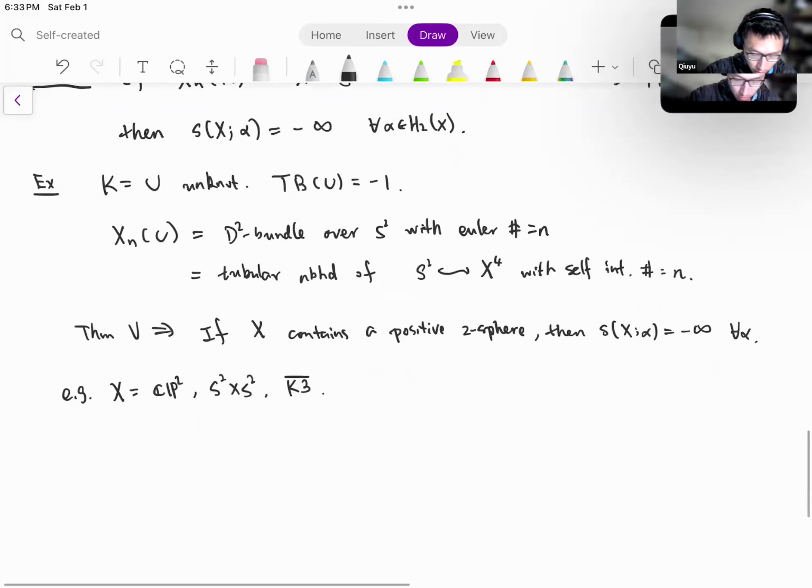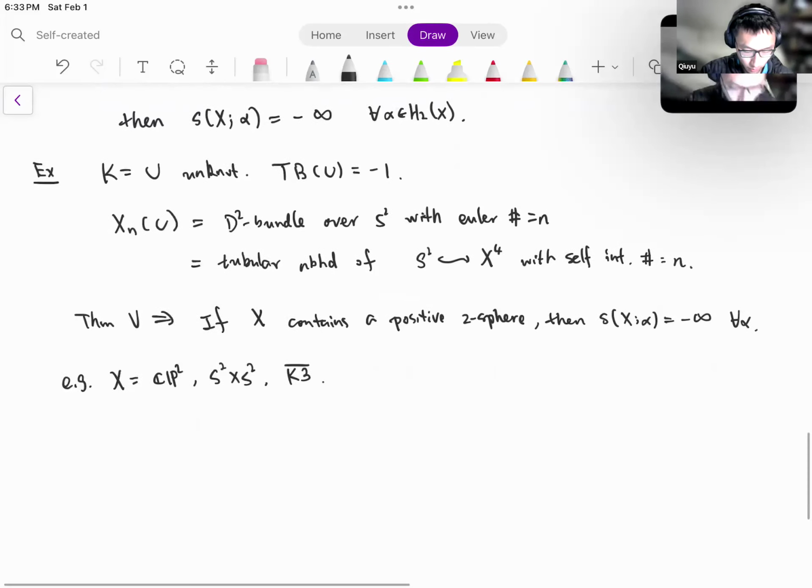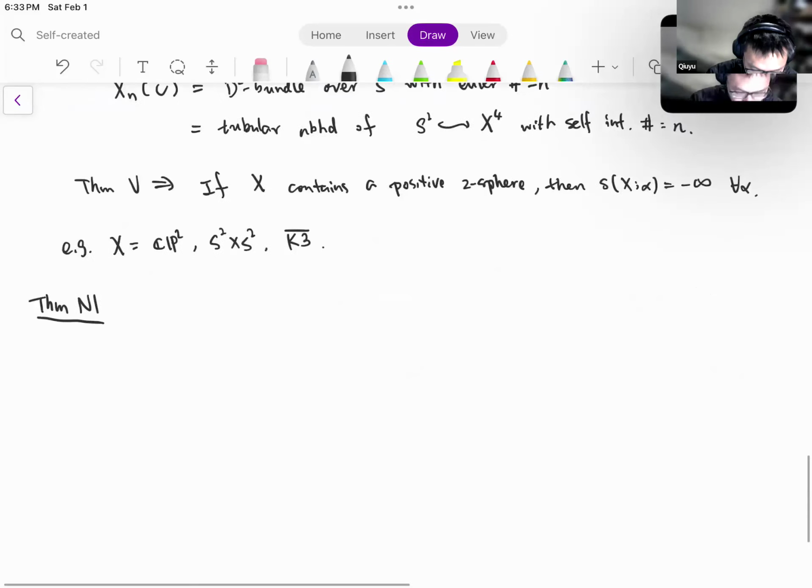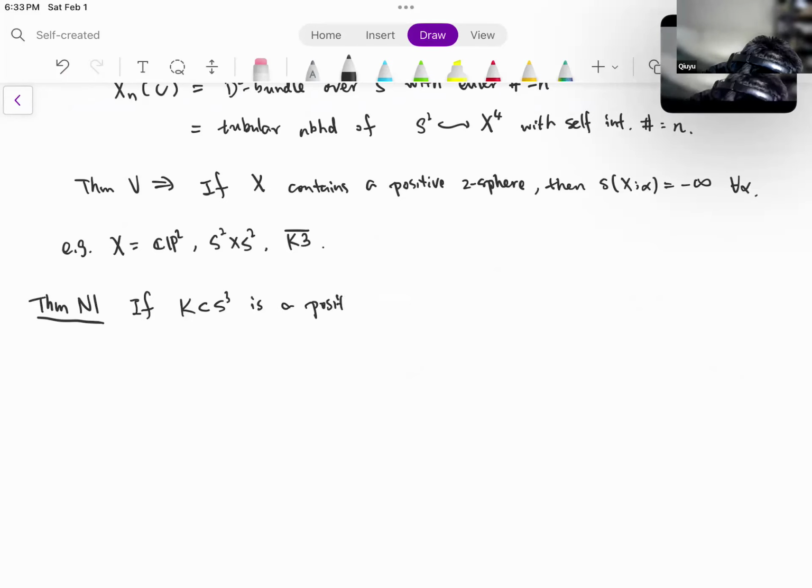Okay, but for the purpose of proving our main theorem, we will need some non-vanishing results. And I'll list two particular non-vanishing results. The first one, theorem N1, says that if I have a knot in S^3 that is a positive knot, meaning that it admits a diagram where all the crossings are positive crossings.